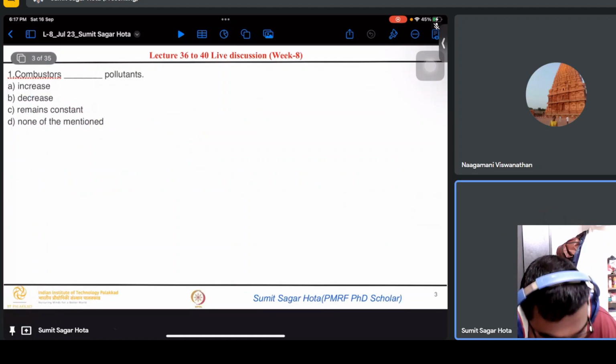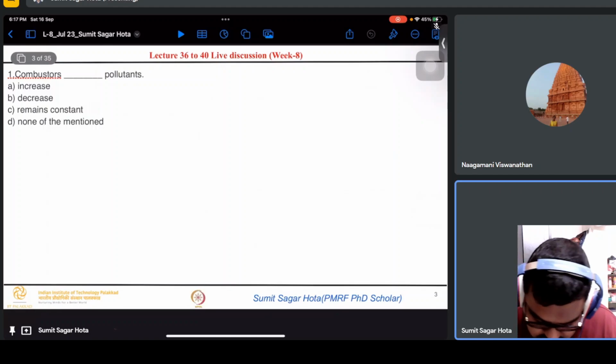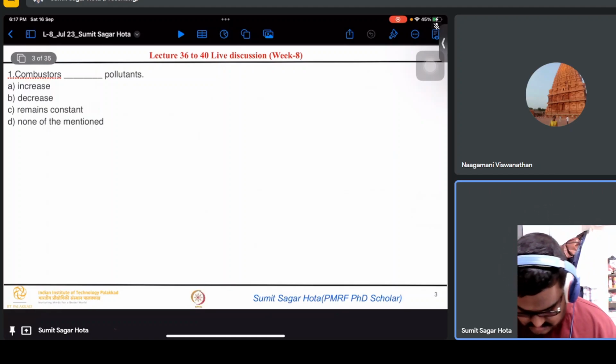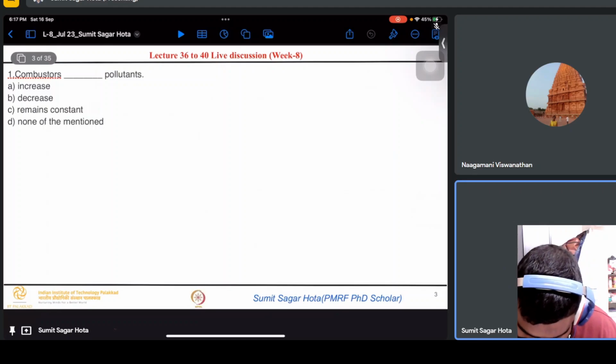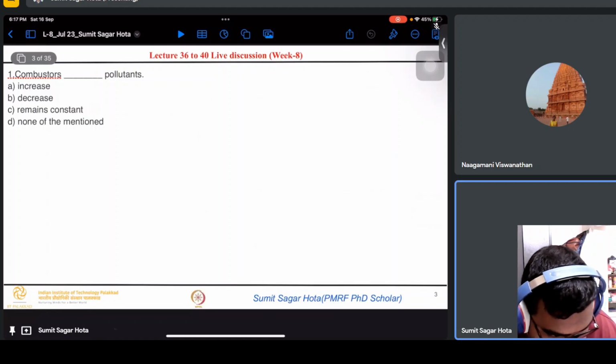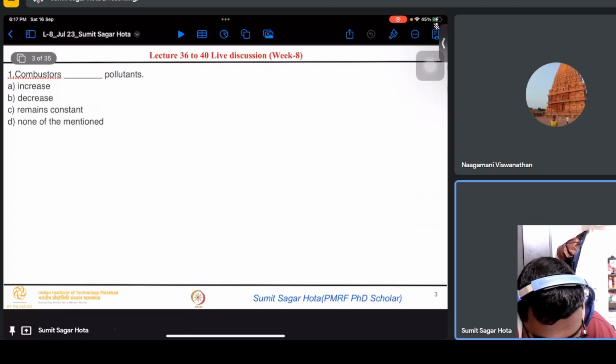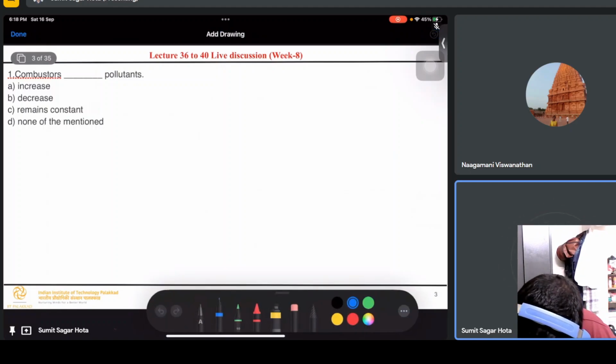Okay, so this is the first question. Combustors dash pollutants: increases, decreases, remains constant. This question is about the working of the combustor.